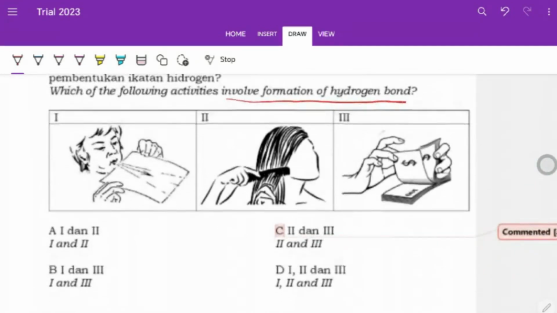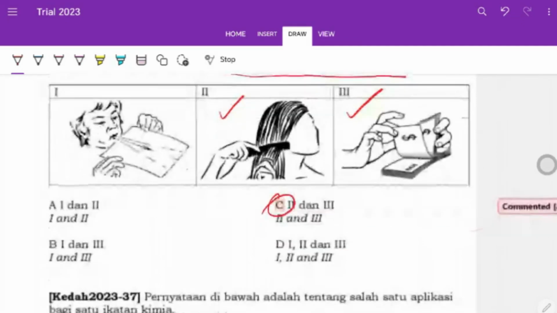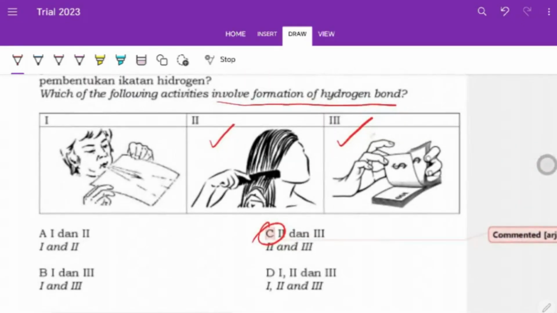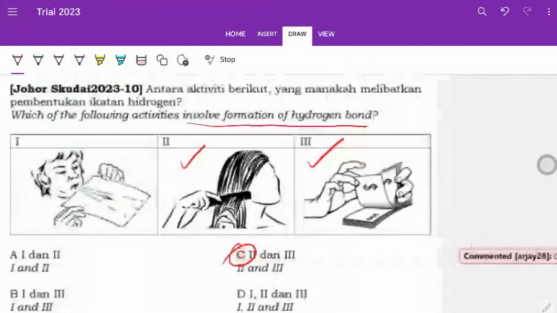Okay, so which one involves the formation of hydrogen bond? Class, which one? The hair, right? Easier to comb, not stick together. Now stick together, 2 and 3, hydrogen bond. This one you can refer to the application of hydrogen bonds in your notes. Anybody can tell us which page? You can record down. Muka surat berapa? Anyone?